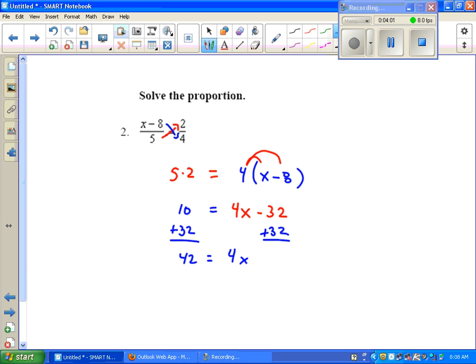And then get rid of 4 times something by dividing by 4. 4 doesn't go into 42 evenly, but the number 2 goes into both of them. 2 times 21 is 42, and 2 times 2 is 4. So the x value will be 21 over 2. Or if you did it as a mixed number, it would be 10 and a half. Or if you did it as a decimal, it would be 10.5.